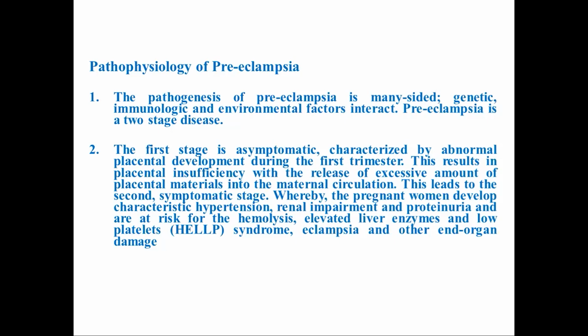This leads to the second symptomatic stage, which appears at 20 weeks of gestation, whereby the pregnant women develop characteristic hypertension, renal impairment, and proteinuria, and are at risk of the HELLP syndrome (hemolysis, elevated liver enzyme, and low platelet), eclampsia, and other end organ damage.